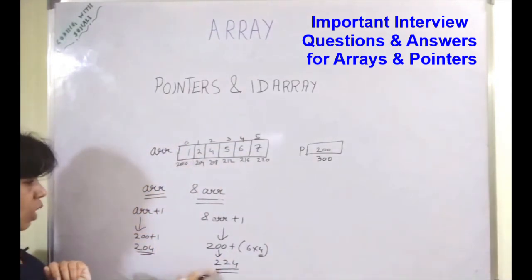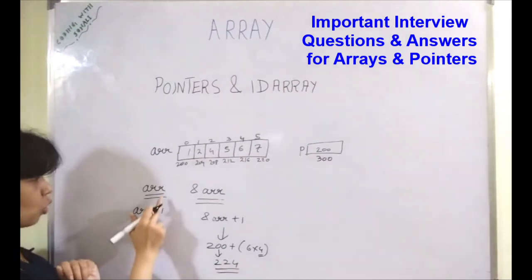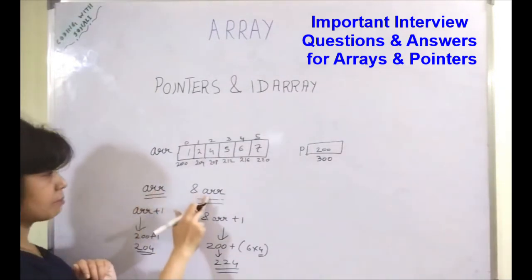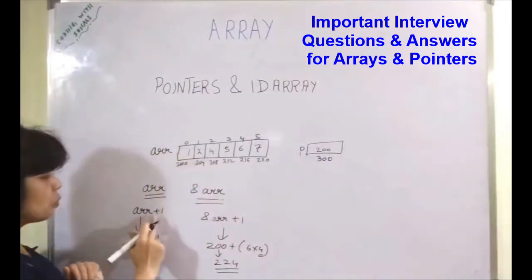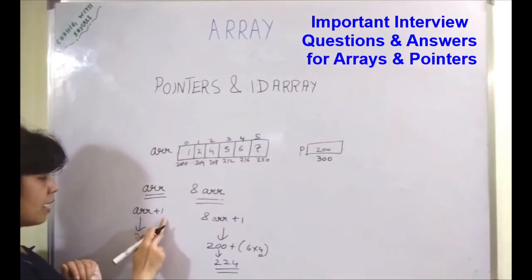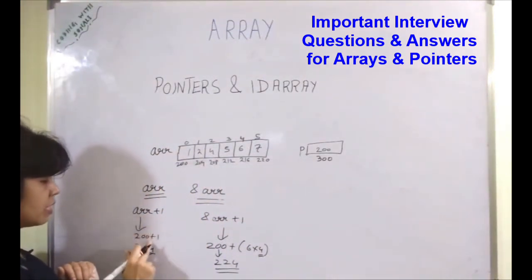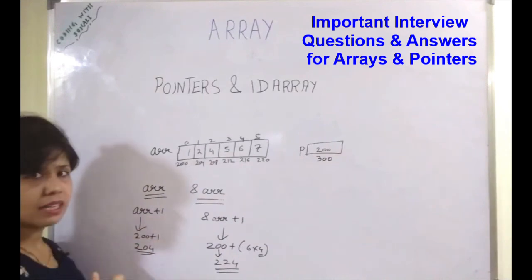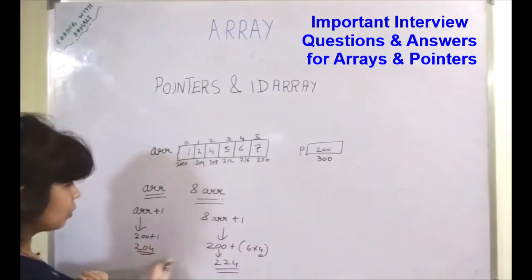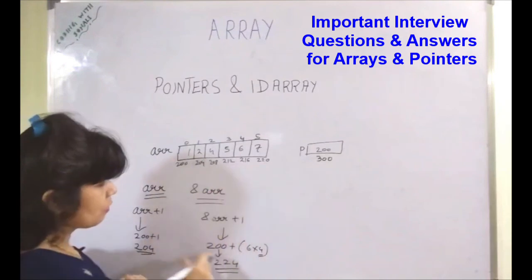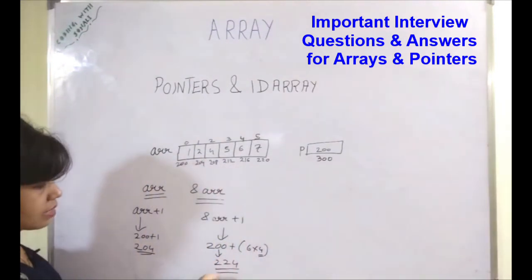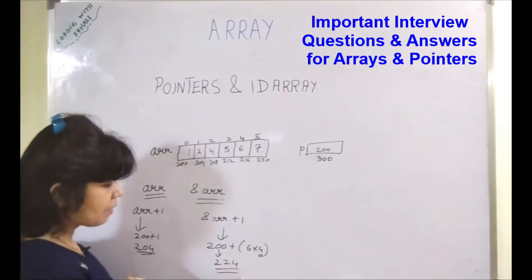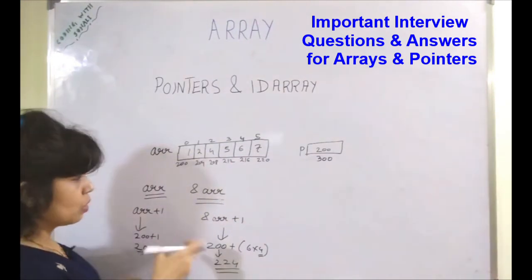So you can see how it differs. Normally if you print the value of ARR and ampersand of ARR, you will get the same value, that is 200. But if you add 1, then this will change. It is not the same in that case. ARR plus 1 will give 204, and ampersand ARR plus 1 will add the total size of the elements to the base address, giving 224.